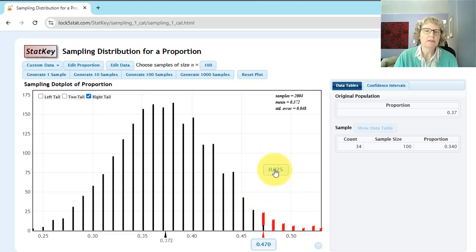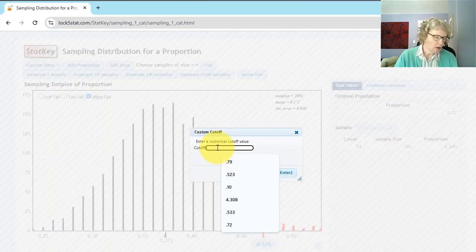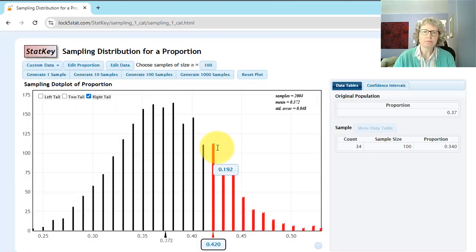The top box is the proportion of the red X's, so each one is turned red here. I'm going to click on the box and enter 0.42. Enter, and you can see it adjusted to 0.42, and the proportion overall, so it's not telling me the fraction, but we could figure it out by taking a certain number, dividing by 2004 in this case, and it's getting 0.192.